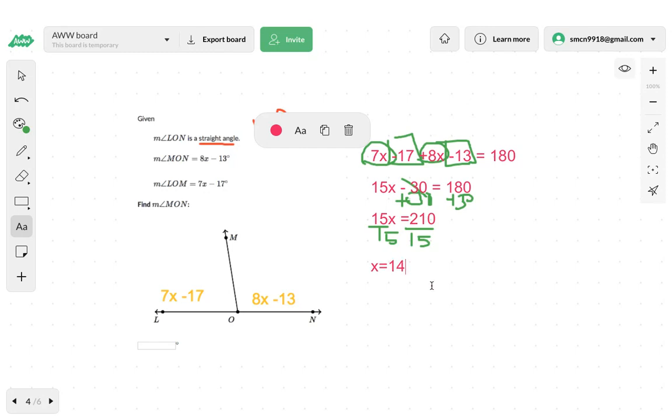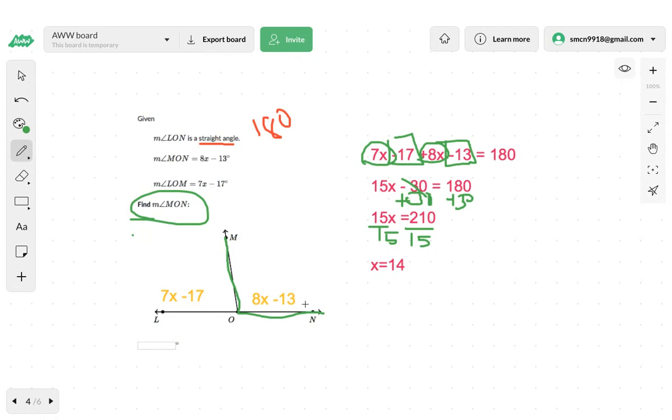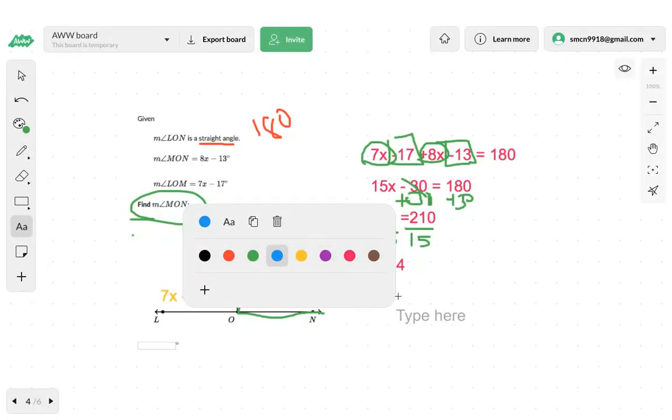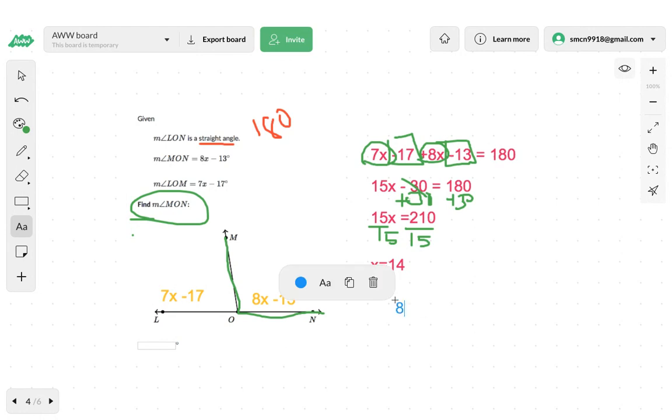Now we can go back to the original question and figure out the measure that they want. They want the measure of MON. If we go down here, MON is this one here. So we have 8 multiplied by the value of x, which is 14, which we just found.